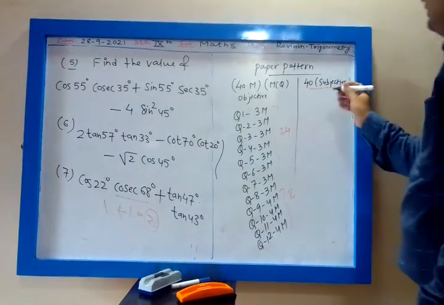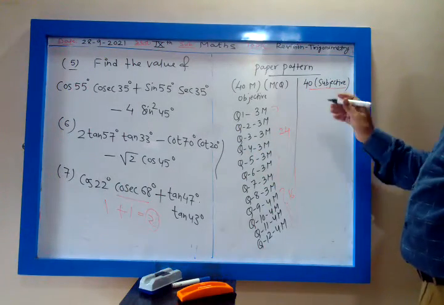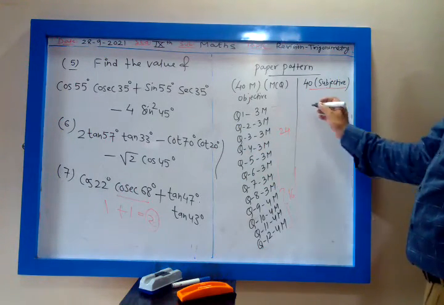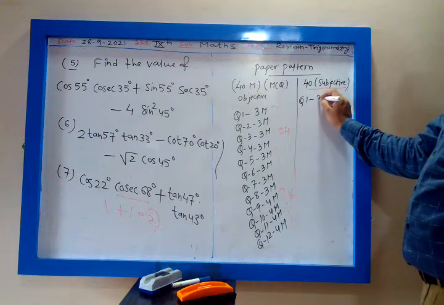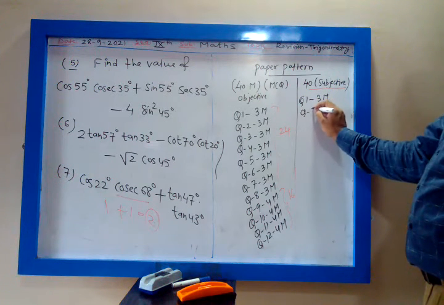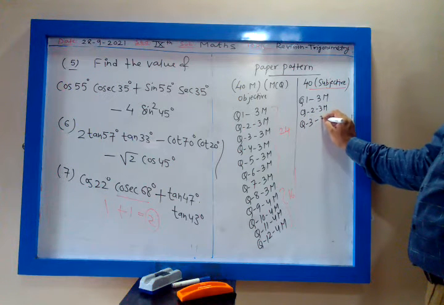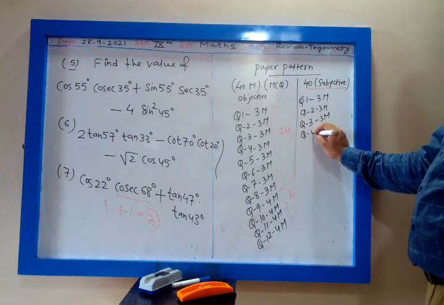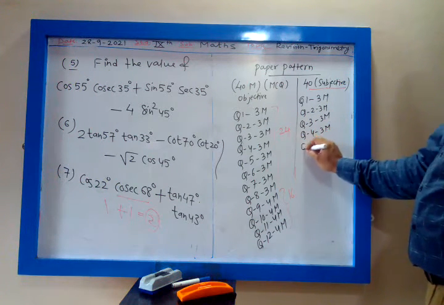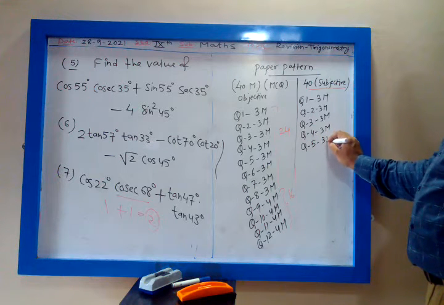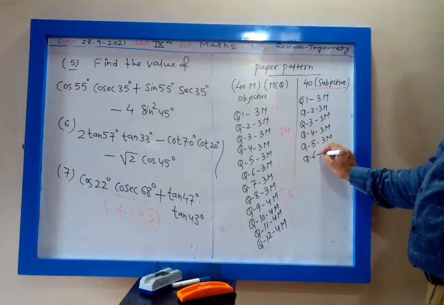Now the same pattern is there for subjective. Only in subjective there will not be any option. So question 1, 3 marks. Question 2, 3 marks. Same, question 3, 3 marks. Question 4, 3 marks. Question 5, 3 marks. Question 6, 3 marks.